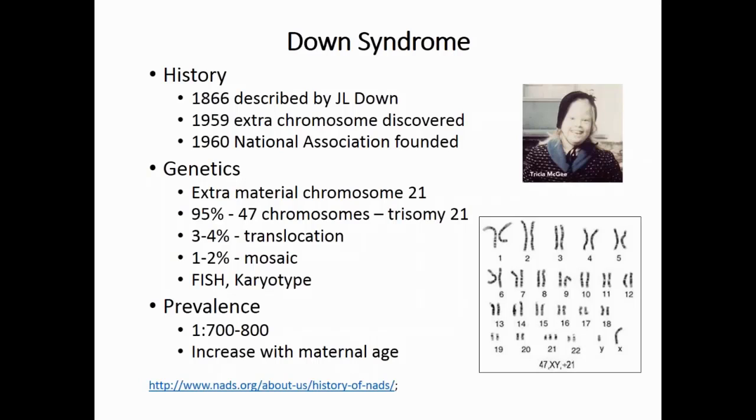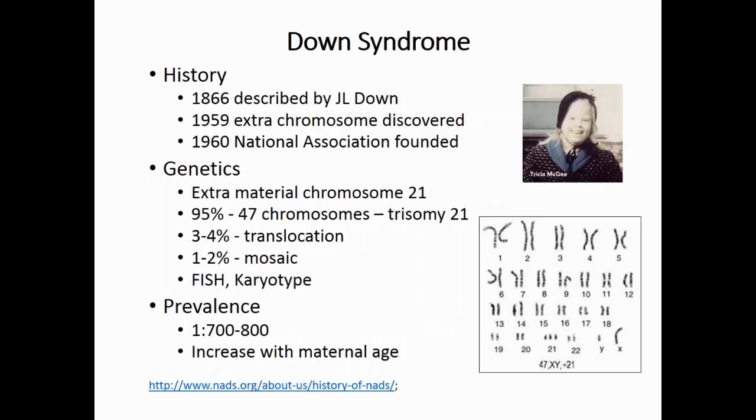The McGees decided to take their baby home and started a support system for families of children who have special needs. This organization continues in Chicago as a Down syndrome society. And Down syndrome as a name became accepted in about 1970.